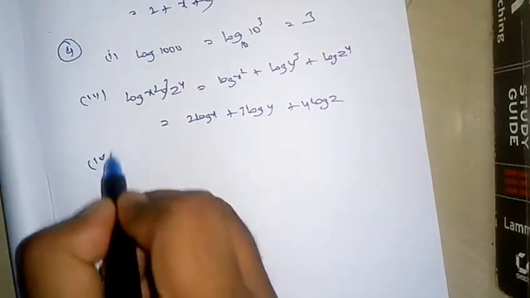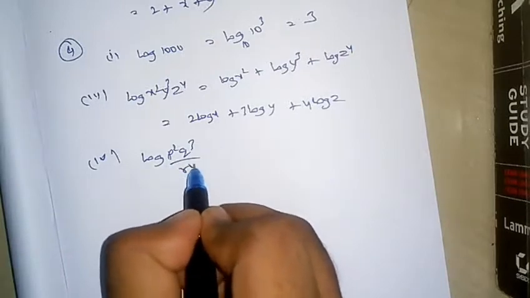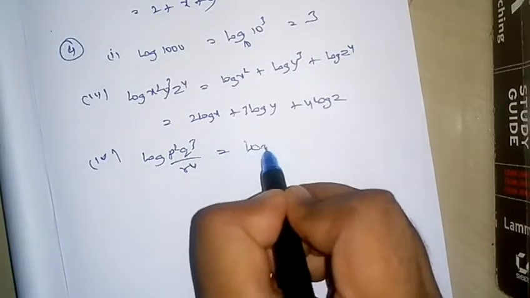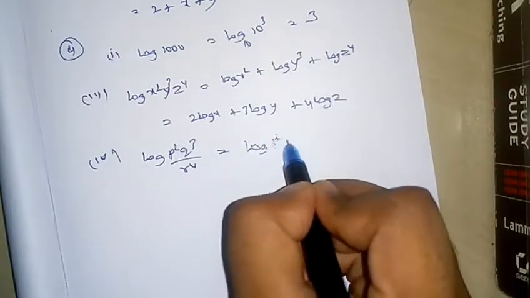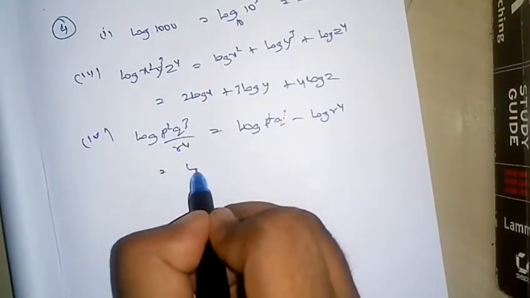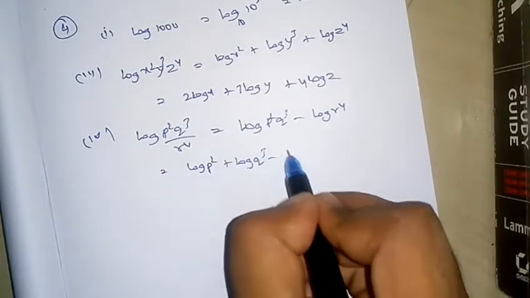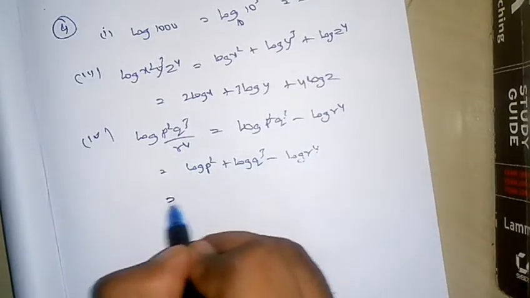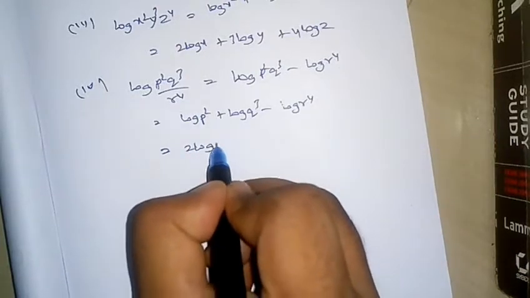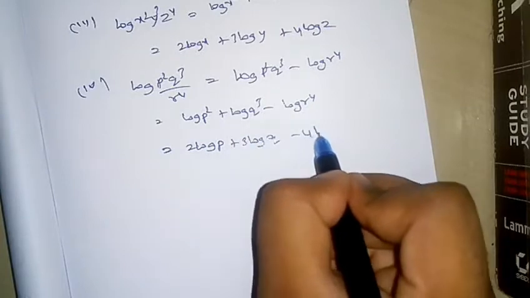Next is fourth one, log p square q cube by r power 4. This can be written as log p square q cube minus log r power 4, which is log p square plus log q cube minus log r power 4. Further, this can be written as 2 log p plus 3 log q minus 4 log r.